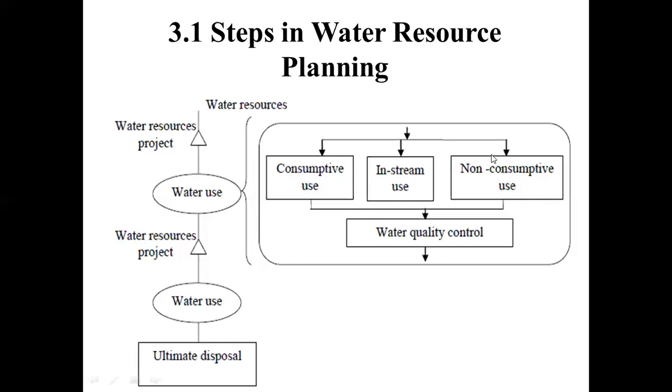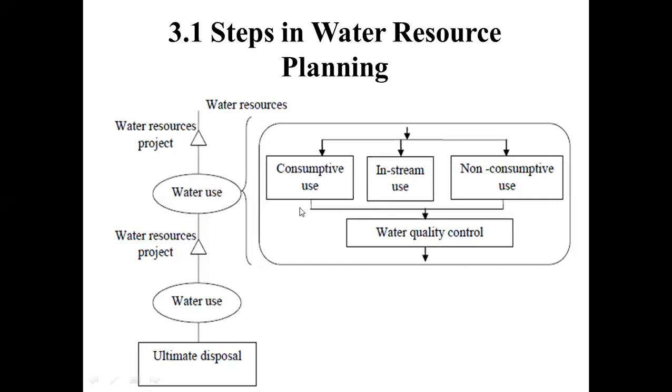The third one is non-consumptive use. Non-consumptive means it is used for consumption, but in case it is extra, that water is not consumed, and it is sent back to water quality control. So see here, consumptive, in-stream, and non-consumptive, all these waters are checked for water quality control.